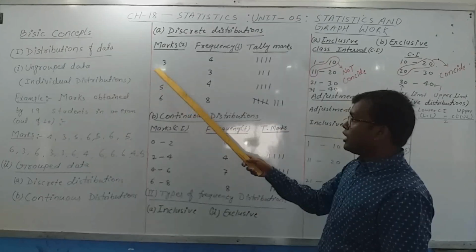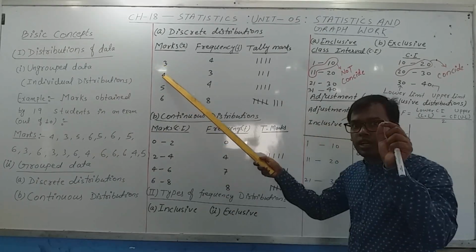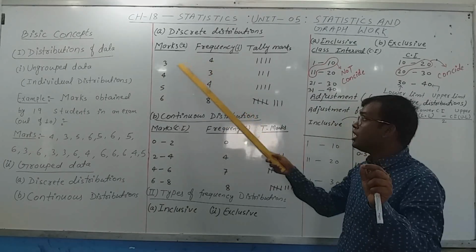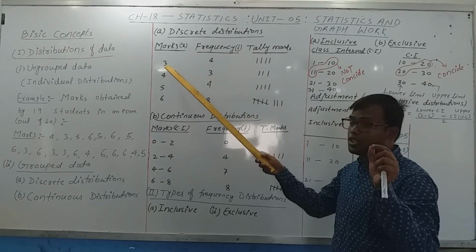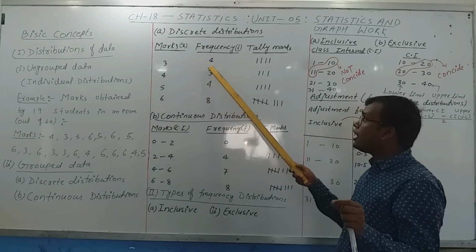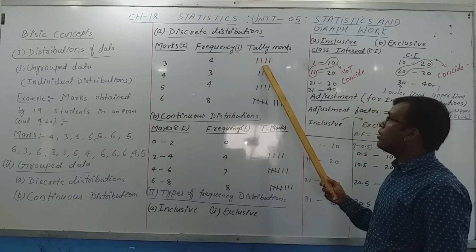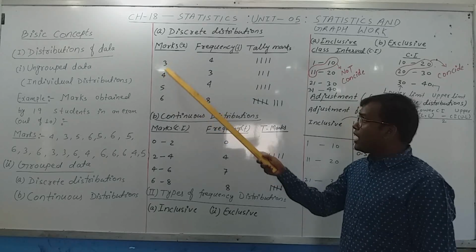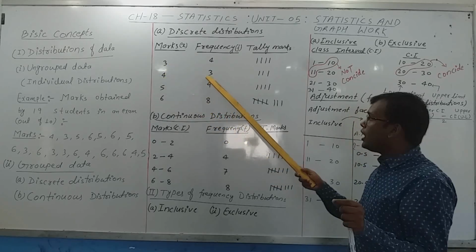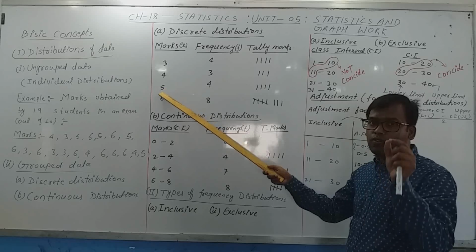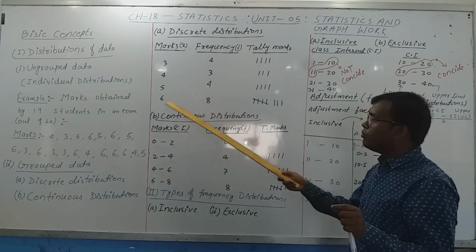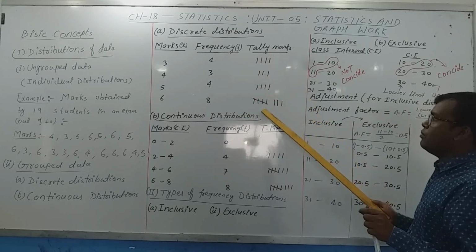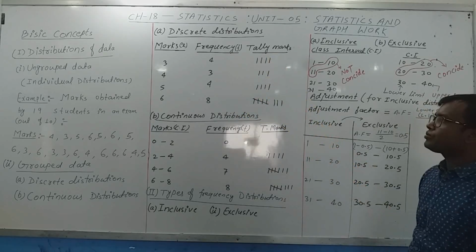Students who get 3 marks, there are 4 students. So the corresponding frequency is 4. 1, 2, 3, 4. Similarly, marks obtained of 4 are 3. Marks obtained of 5 are 4. Marks obtained of 6 are 8. And here it is the tally marks. Hope all of you know this thing.